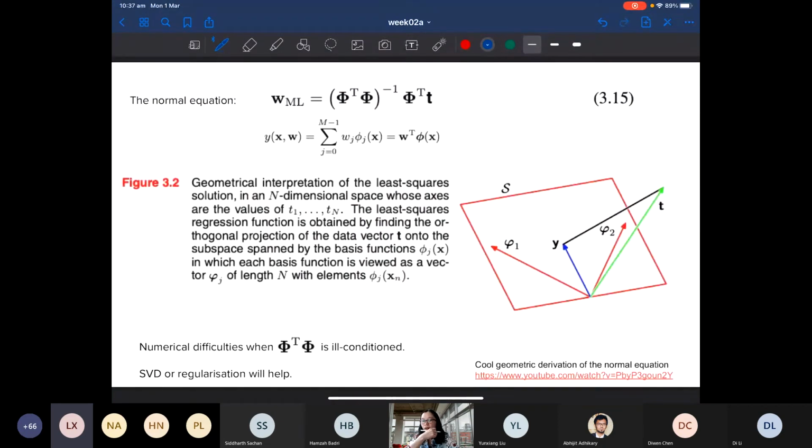So what about the normal equation itself? We can try to interpret it in the matrix space. Assume we are in a space generated by the training points.